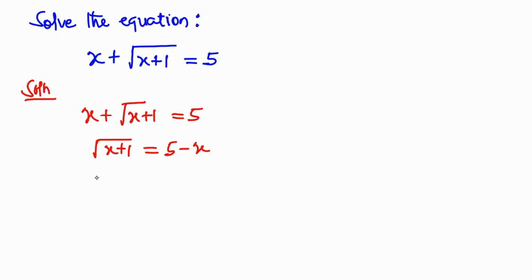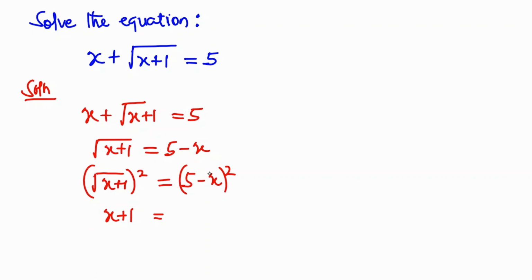What we are going to do again is to square both sides, that is x plus 1 squared, and then we are going to have 5 minus x squared. So the square will cancel the square root, giving us x plus 1, which is equal to, so you have to expand this.